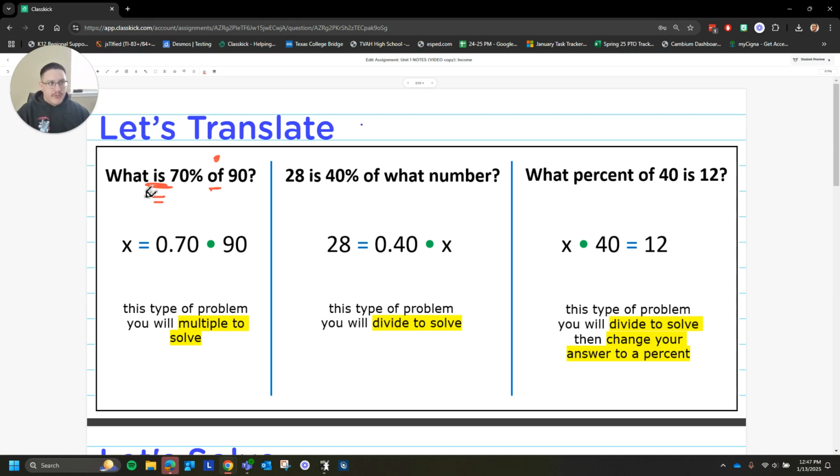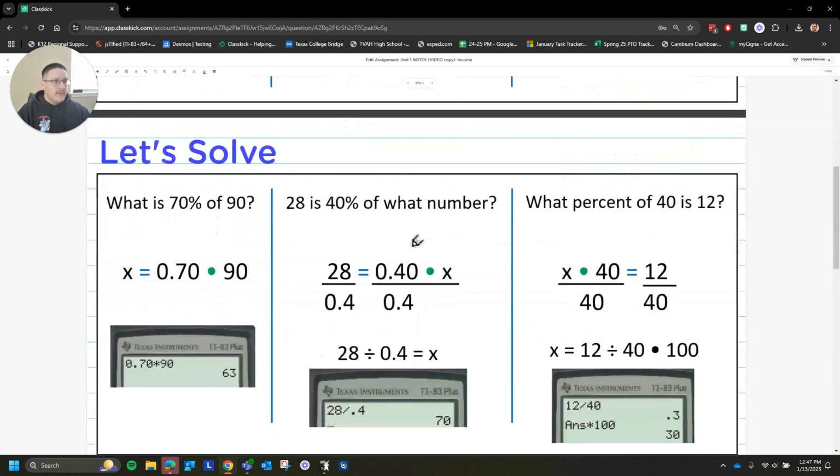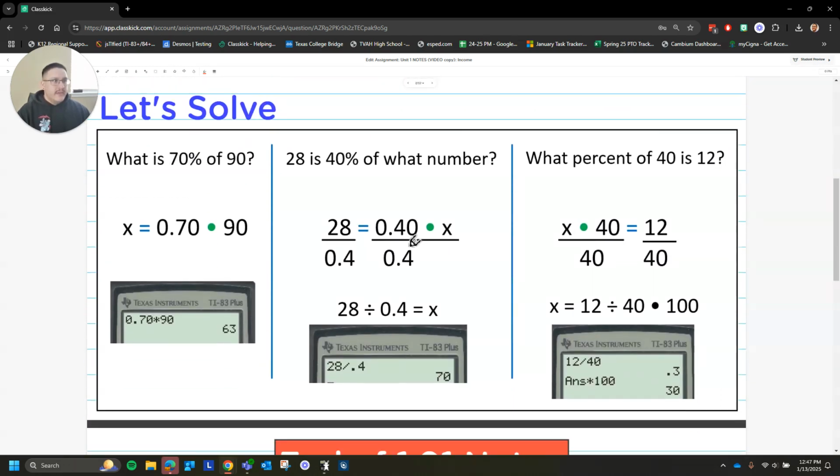Notice we have three different setups. We have one setup where you just have to multiply the decimal form of the percent with the number, and then you get your answer. And we have two different scenarios where we had to divide one of those numbers to the other side to get what is missing. Okay, so that is it for this lesson 1.01.